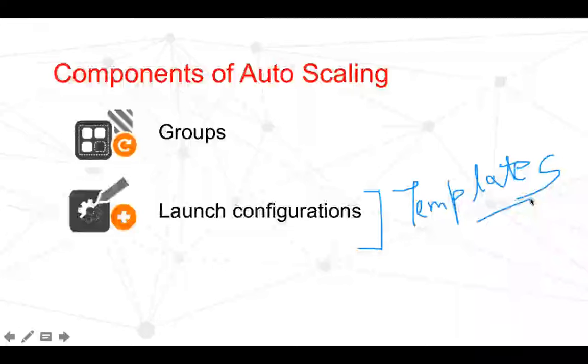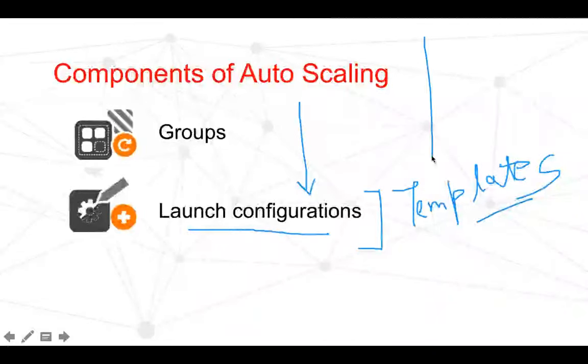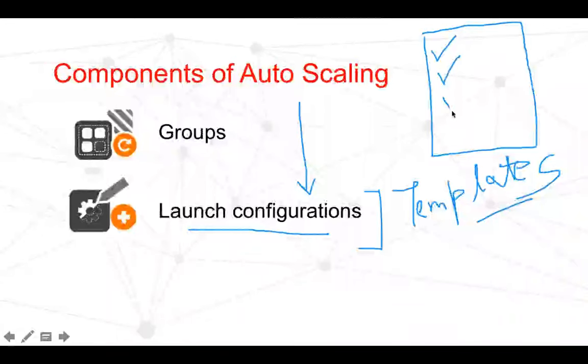The configuration that it will pick from the template is called launch configuration. Using this template called launch configurations, the auto-scaling will get to know, for example, let's suppose this is a launch configuration, this is a template. In the template you define, okay, this is my instance ID, this is my AMI ID, this is my security group, this is my key pair, right? This is the script that I want to install.